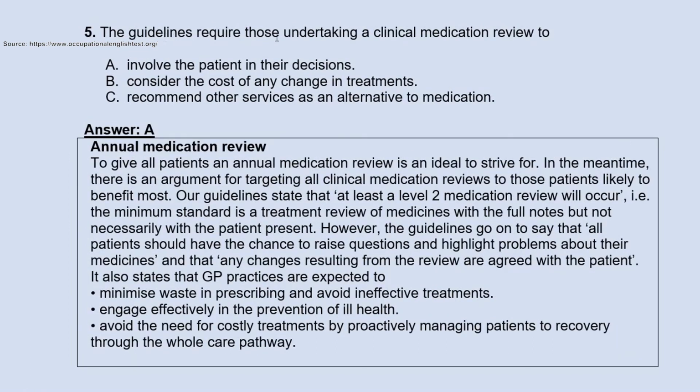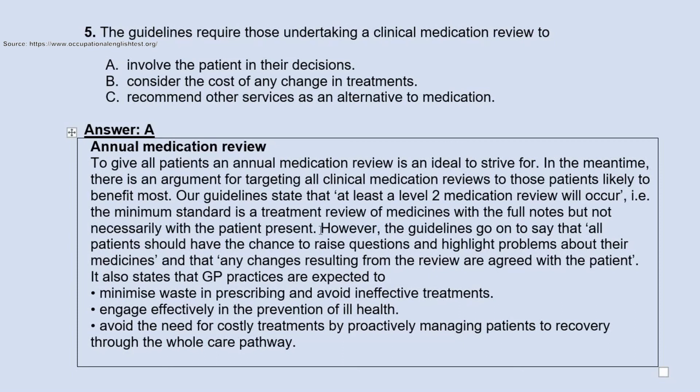Question number 5. The guidelines require those undertaking a clinical medication review to. Here the answer is option A. Involve the patient in their decisions. When we go through the paragraph, we can understand that to give all patients an annual medication review is an ideal to strive for. In the meantime, there is an argument of targeting all clinical medication reviews to those patients likely to benefit most.